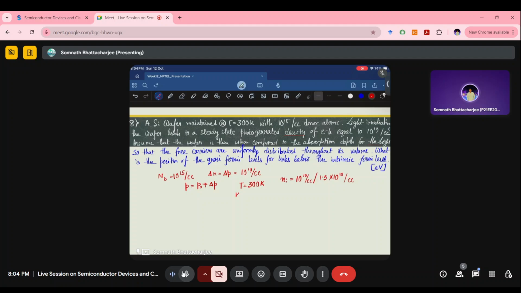So the value of KT we know from that, that is 0.0259, or you can also put 0.026 in eV. I don't think anything more is there. So just try to put these values in the equations.